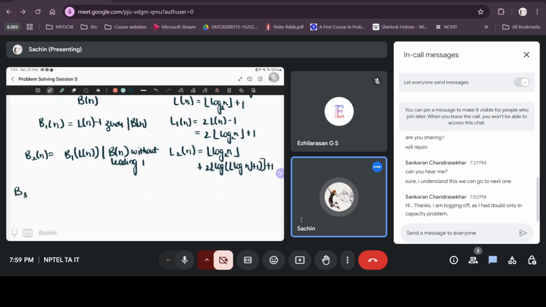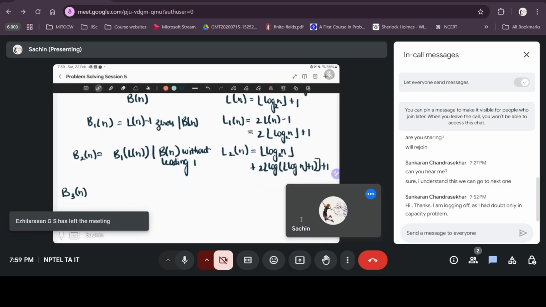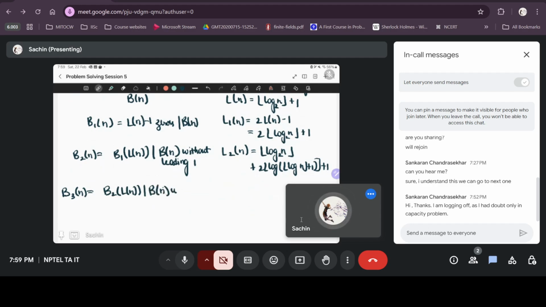So if you iterate one more time after alias2 coding, if you want to do alias3 coding, what do you do? You do alias2 coding on the length of the binary equivalent of n, and append that to the binary equivalent of n without the leading one.